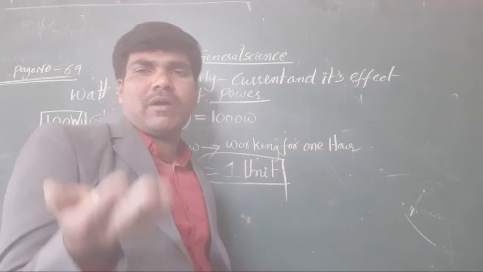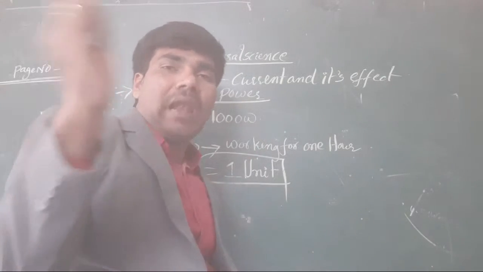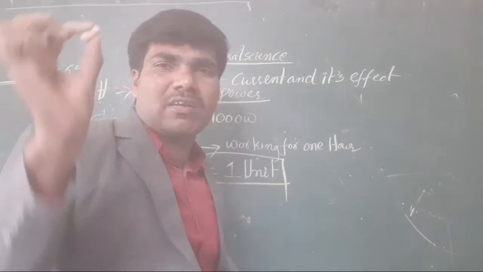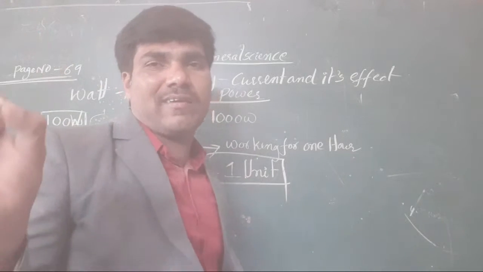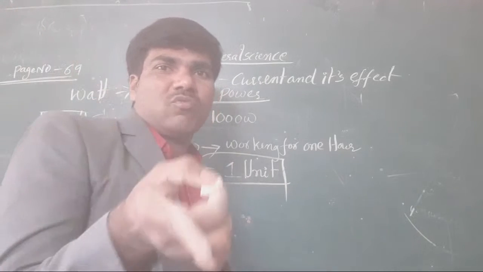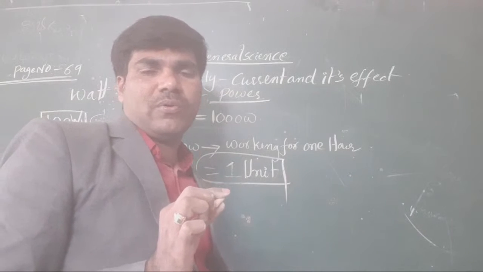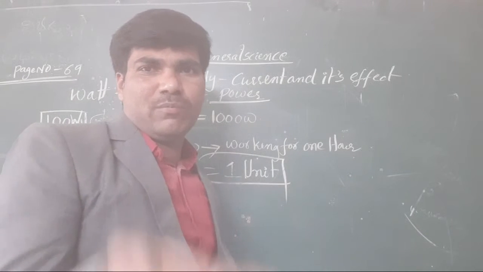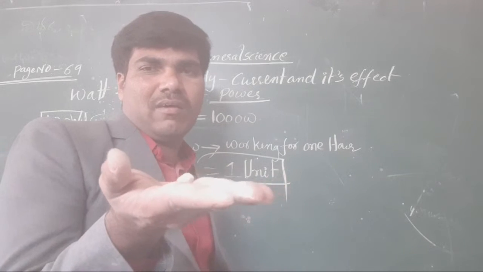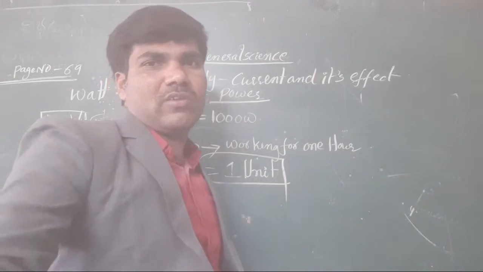When I apply my muscular force, it moves from one place to another place. Like that, electrical force is applied on the charged particles in the wire, and those electrical particles move from one place to another place. Clear or not, all of you?